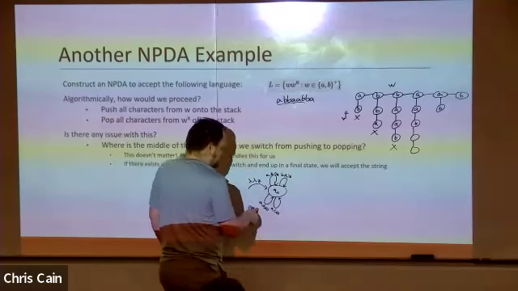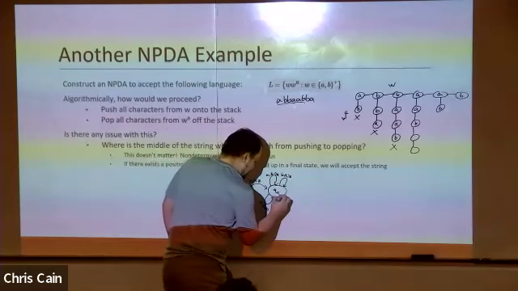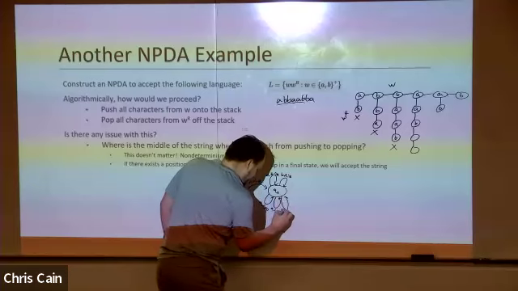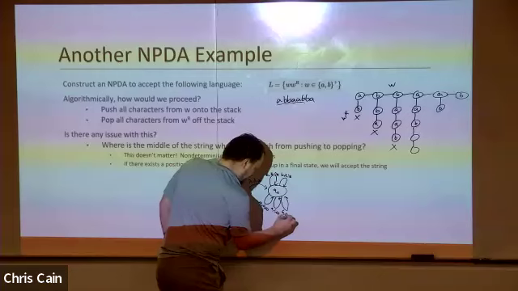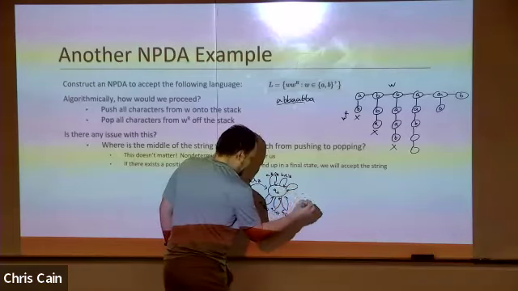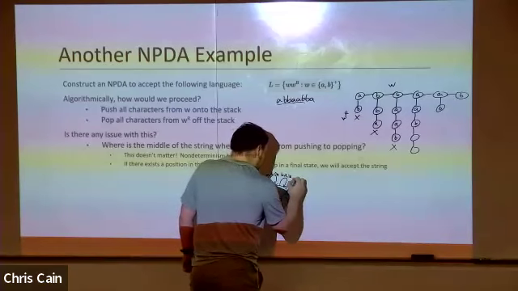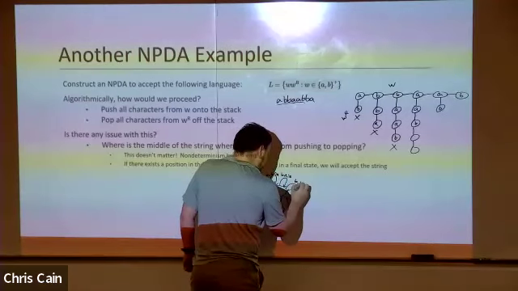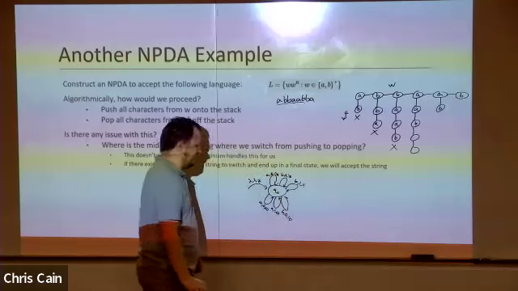Now we need two transitions for reading Bs. We read a B, there's a 0 on the stack, we want to push a 1 on top of that 0. And another transition that says we read a B, there's a 1 on top of the stack, we want to push another 1 on top of that.